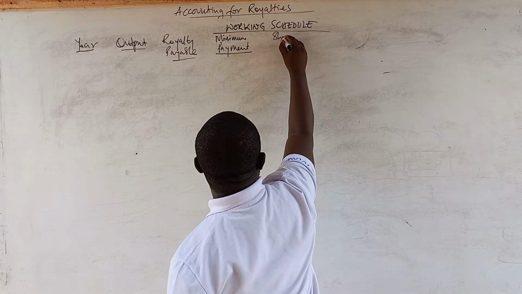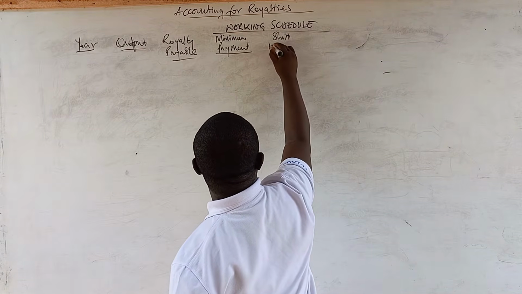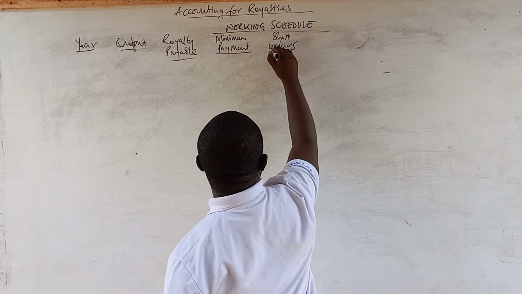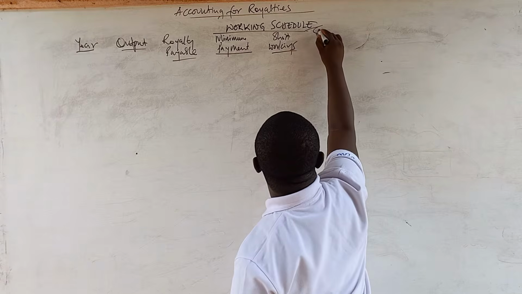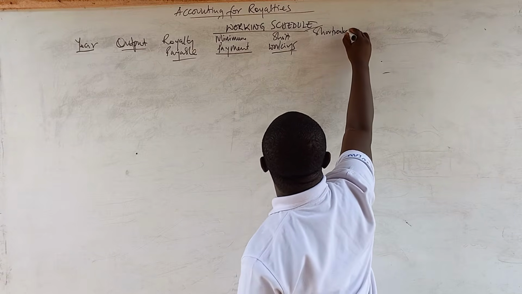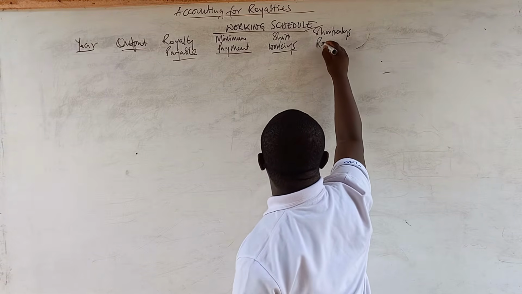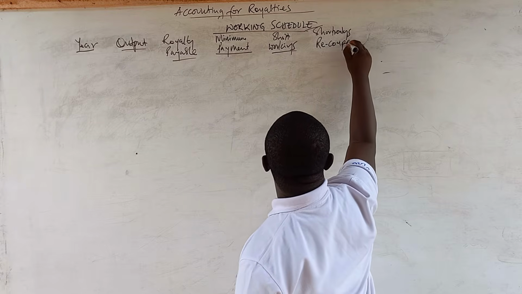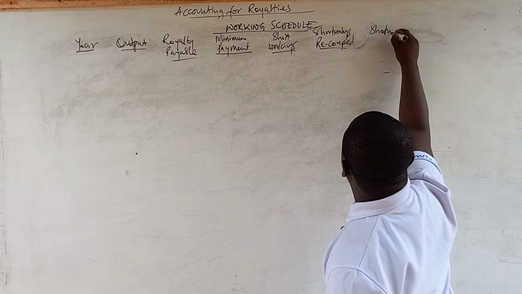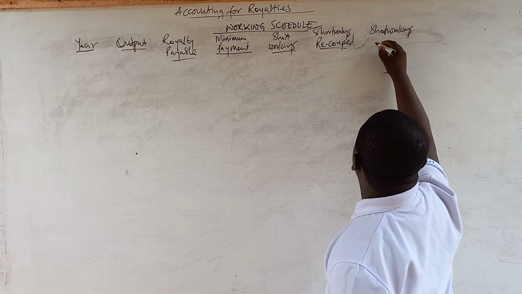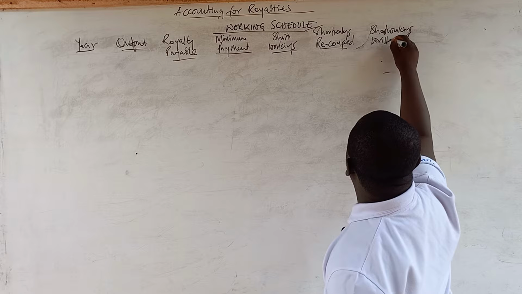And then you come to short workings. After the short workings, you show short workings recovered or recouped. And then the last thing is short workings written off.